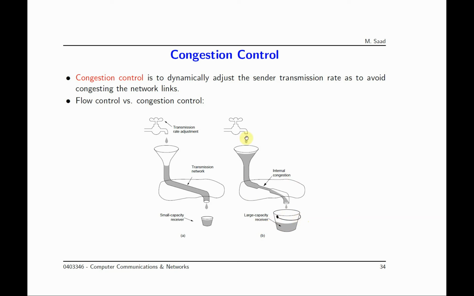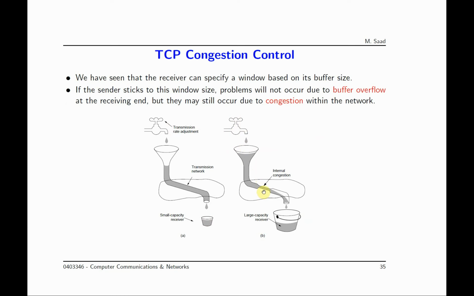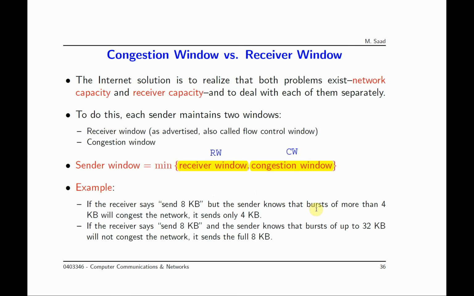However, the sender may want to slow down to avoid overwhelming the network itself. As you see, the network between sender and receiver might be congested, so it cannot handle that fast transmission. That's why the sender may want to slow down. So what you see on the right here, this is what we call congestion control. So flow control, slowing down for the receiver; congestion control, slowing down for the network.